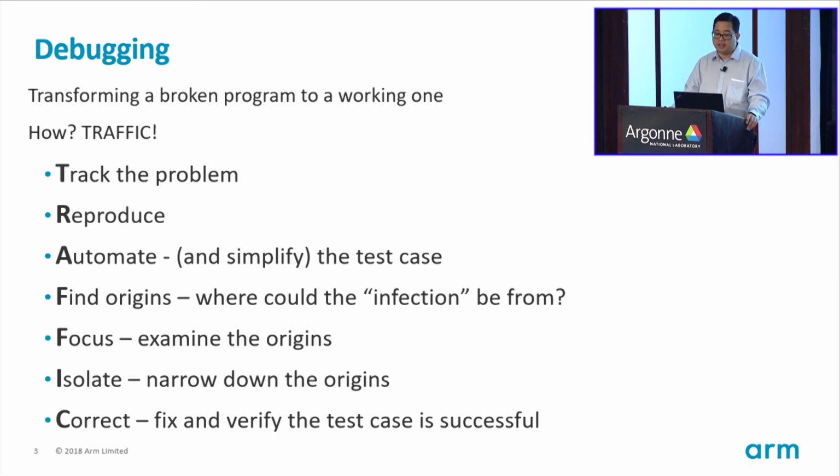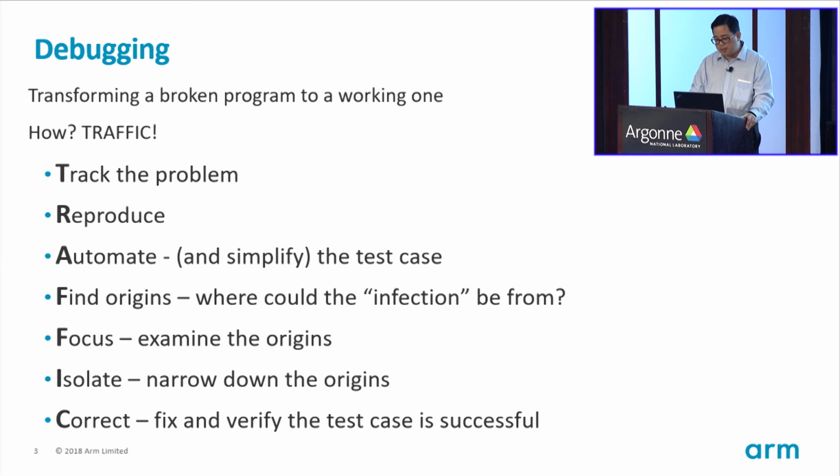Preferably, if it's a parallel application, see if you can reproduce the issue serially. If you can't, try to limit the number of MPI ranks or threads that you're using. Those are just some general debugging principles.